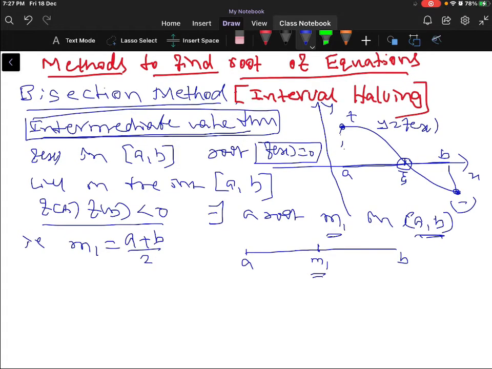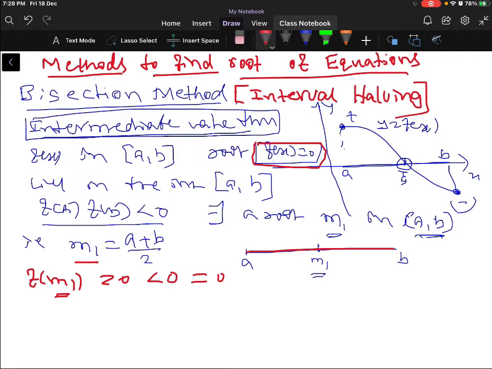Once you get m1 by bisecting the interval ab, how to find out f of m1. F of m1 may be positive, may be negative, may be 0. If f of m1 is equal to 0, we can conclude that m1 is a root of the equation f of x is equal to 0.